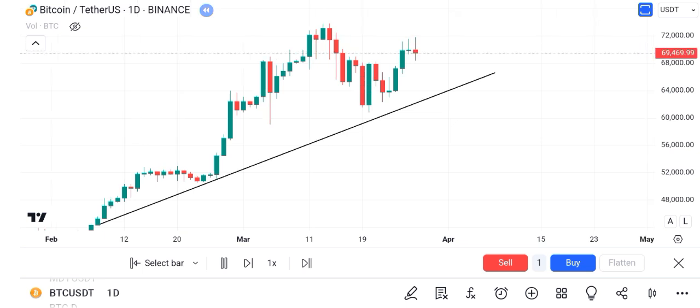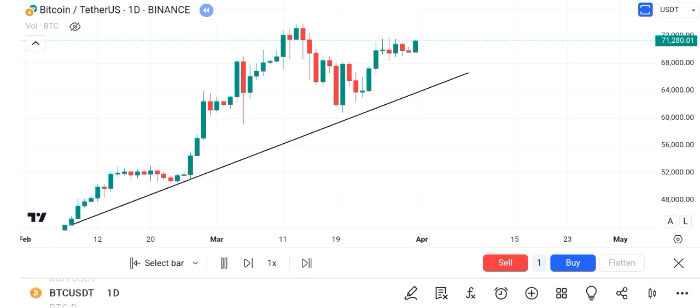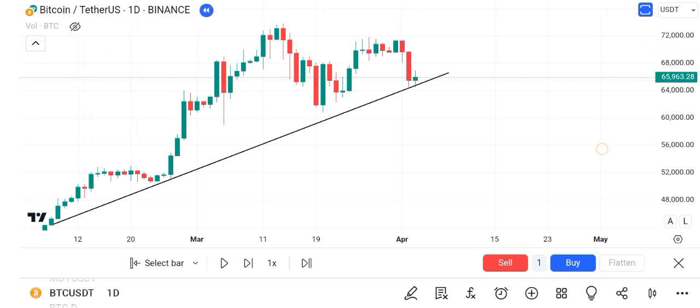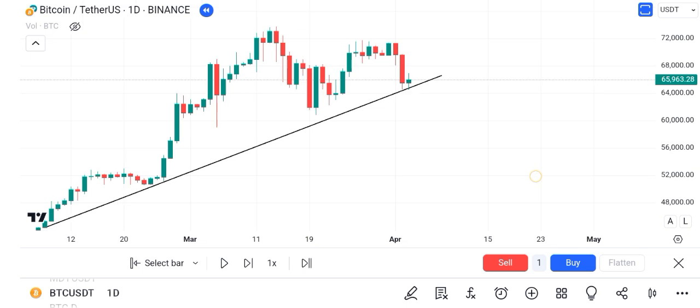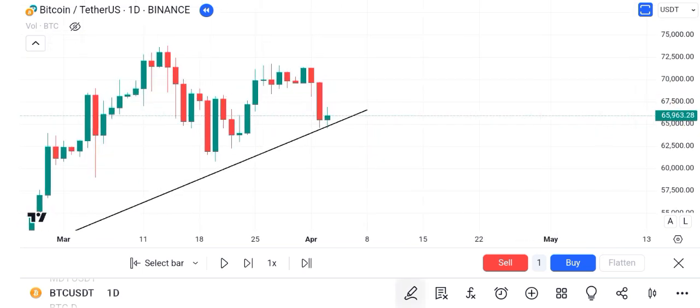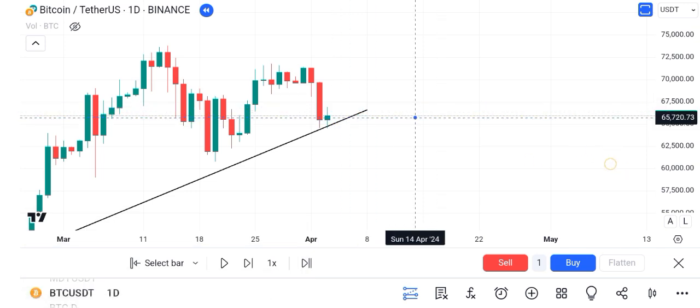So the price is now currently fluctuating, and let's see. You can see that the price has successfully touched our support trend line. Now you can buy it from here. So I will buy it from here with a proper stop loss.